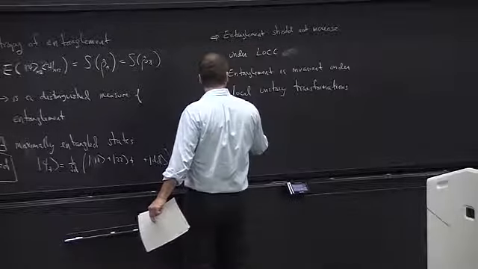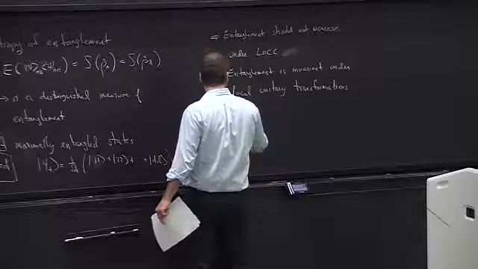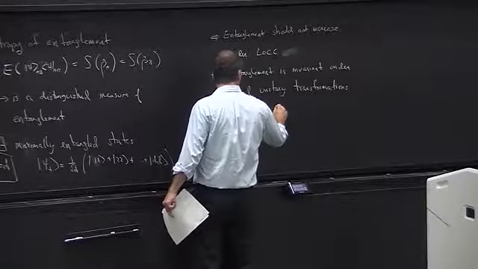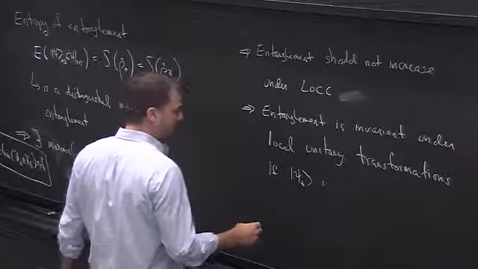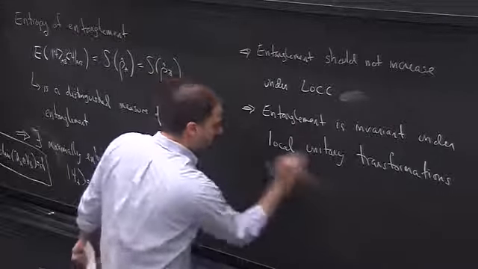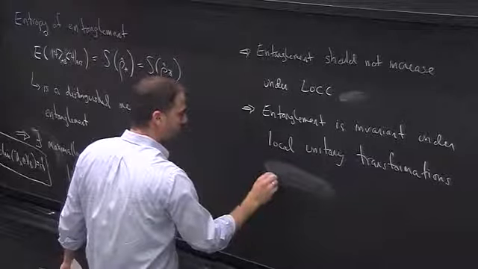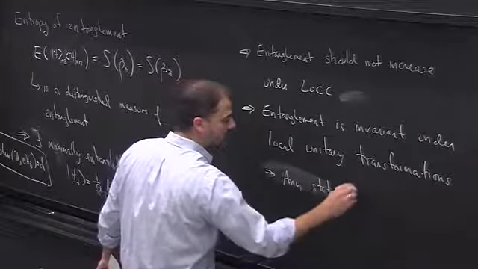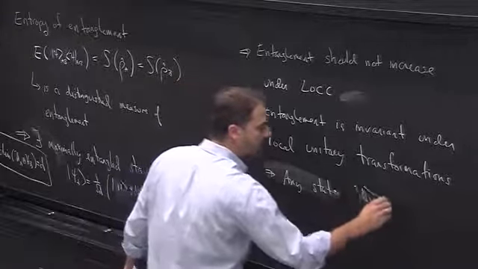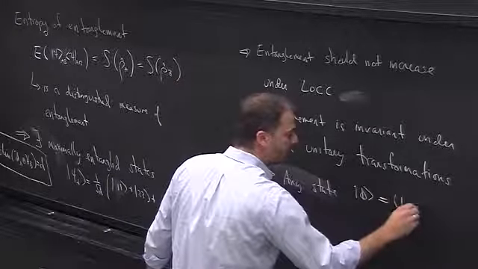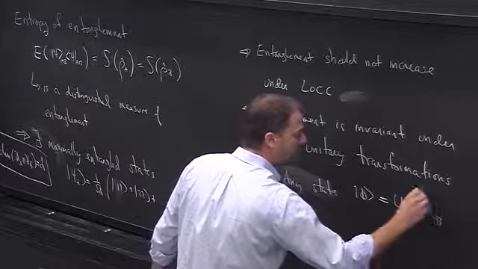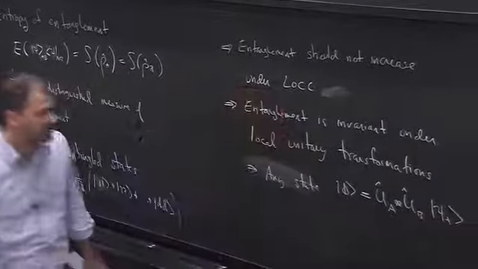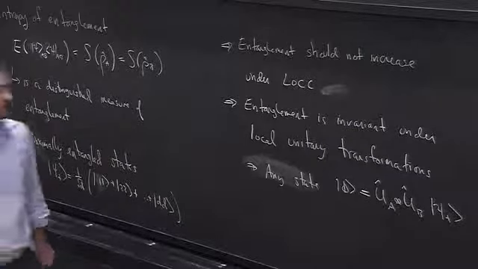So what that means is that if psi plus, well, psi plus is maximally entangled. So let me just say any state phi obtained as UA cross UB acting on psi plus is also maximally entangled.